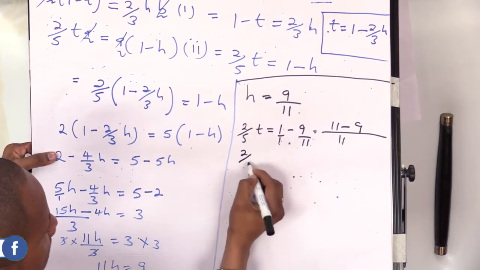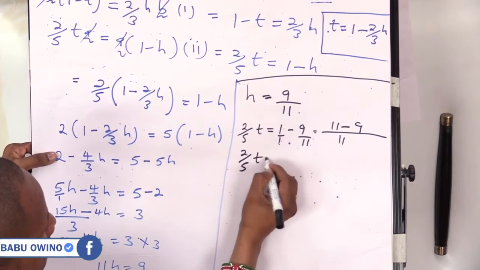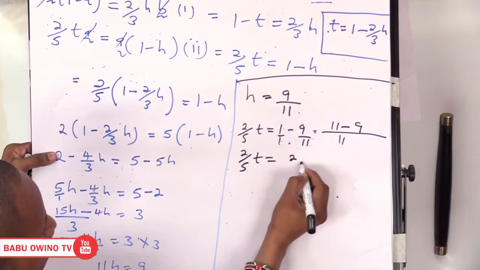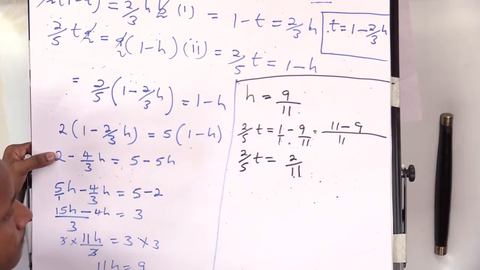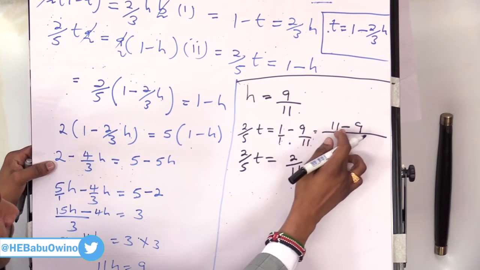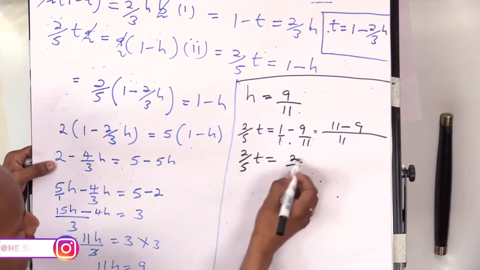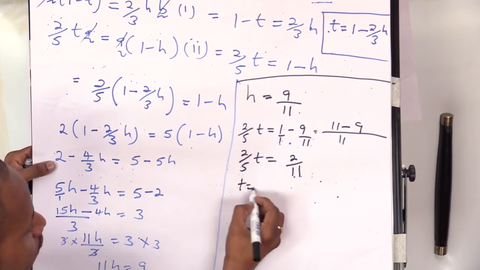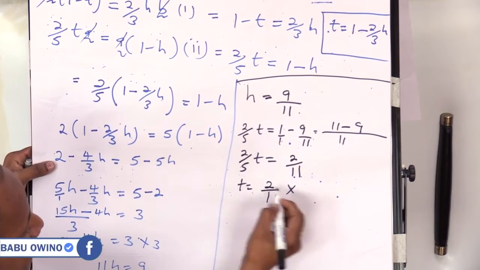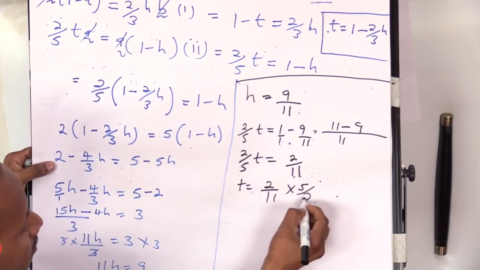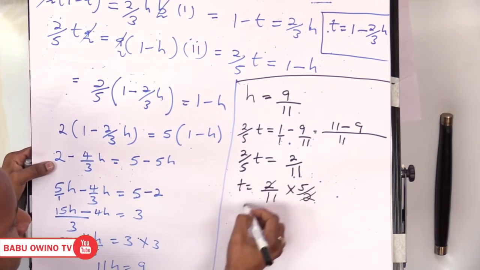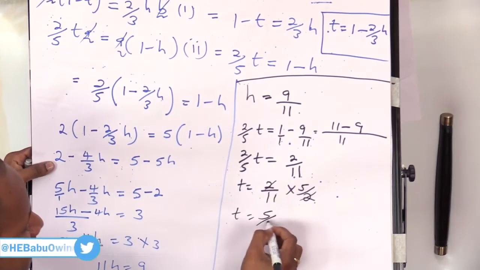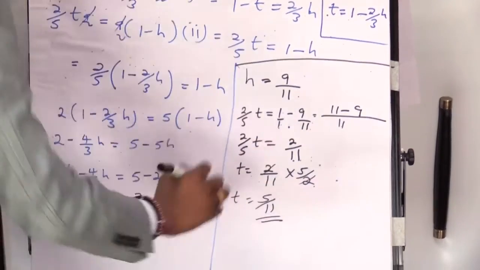So 2 over 5 of t equals to 2 over 11. When you solve this, cross multiply. So t equals to 2 over 11 multiplied by the reciprocal, which is 5 over 2. So our value of t is 5 over 11.